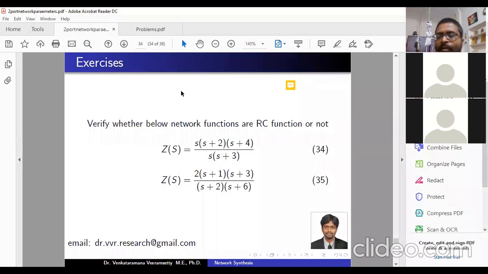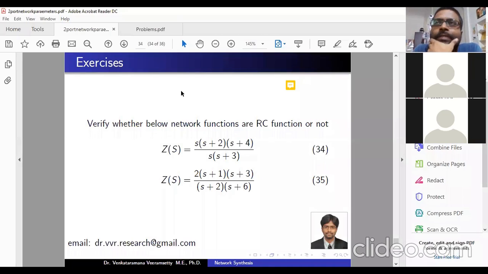Okay, so I want to summarize how we verify whether the given network function is an RC function or not. First of all, for the given network function, calculate the zeros, that is the roots of the numerator polynomial, and also calculate the poles, that is the roots of the denominator polynomial. All the zeros and poles must lie on the real axis of the S-plane, at the same time on the left side of the S-plane.